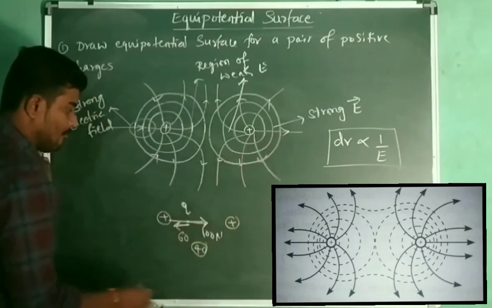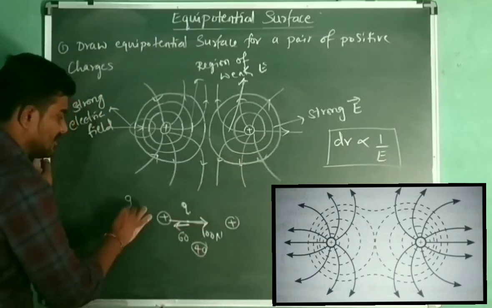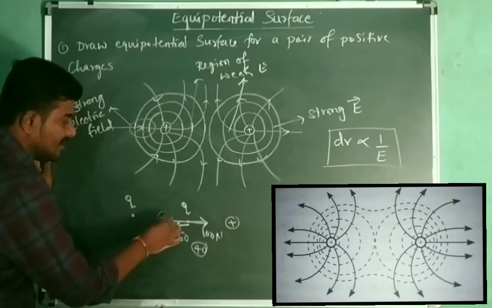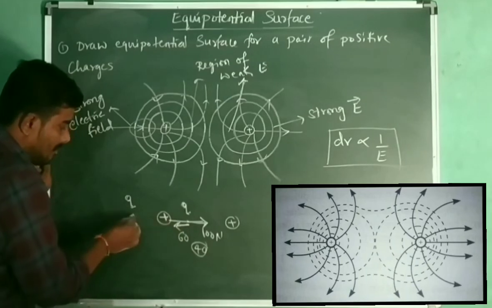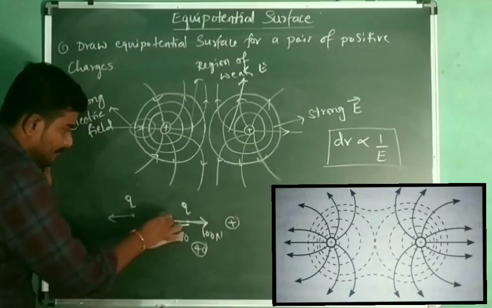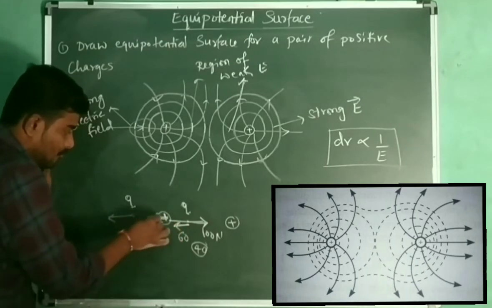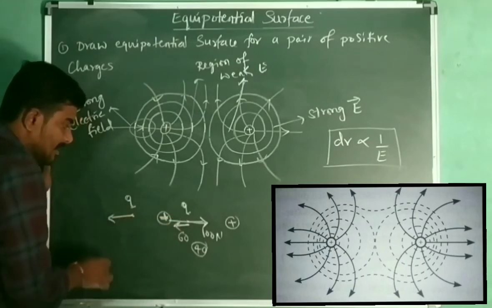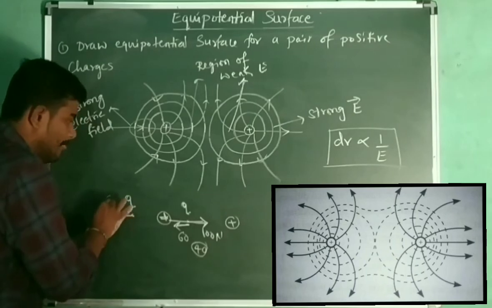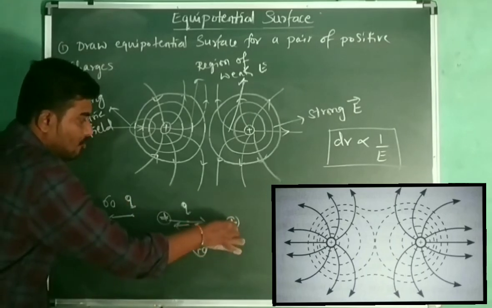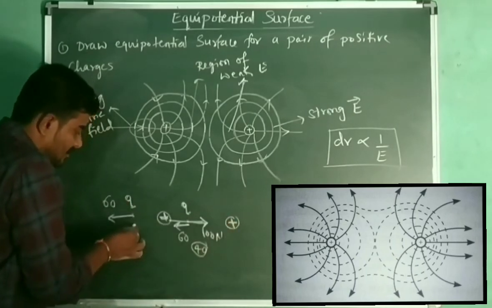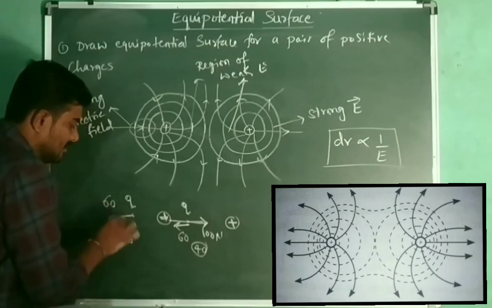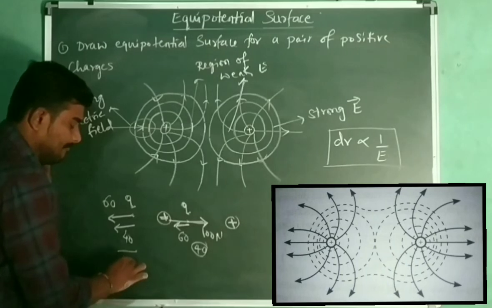Now if I place a test charge at this other location, Q, then this test charge will be repelled in this direction. Say the force due to this positive charge is 60, and the repulsive force due to the other positive charge in this direction is 40, and 60 plus 40 is 100.